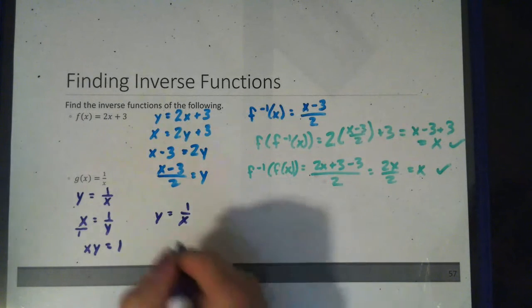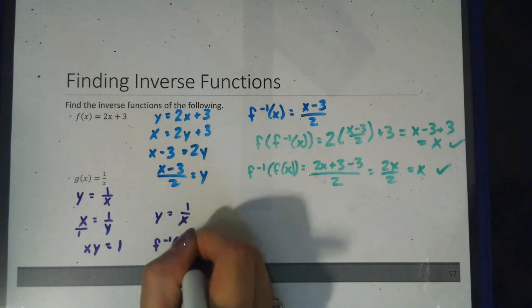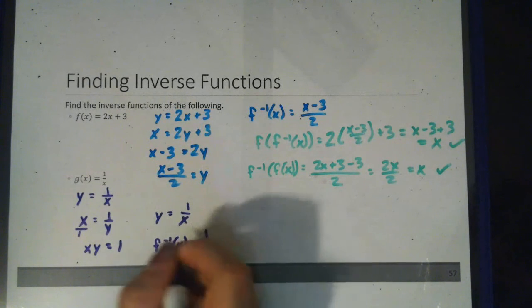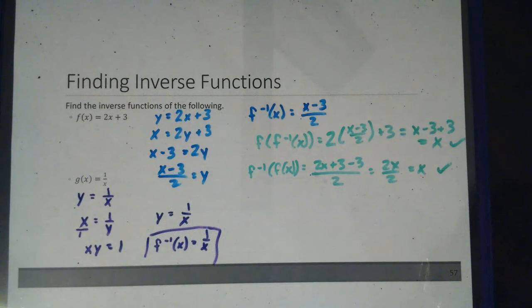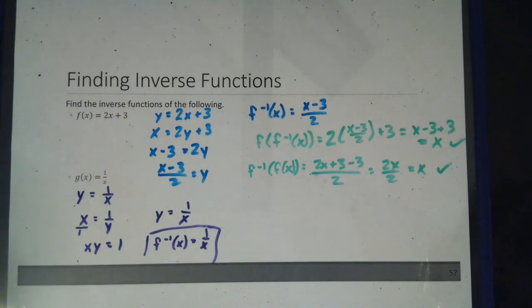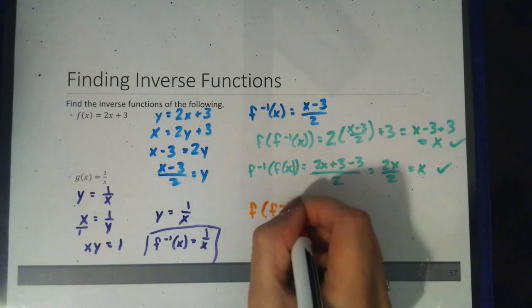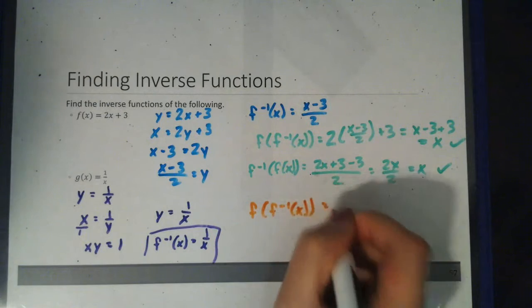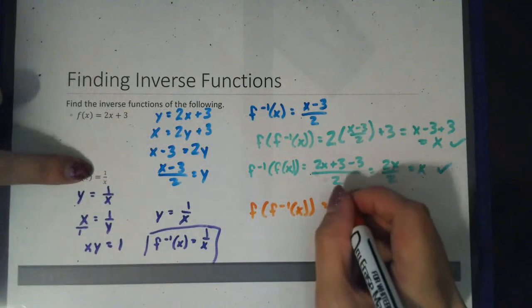Since I switched my x and y, I will use inverse notation. F inverse of x equals 1 over x. That is my inverse function. You will notice this is the same thing as the function I started with. That's weird. Let's check our work by using composite functions. F inverse of x is equal to, I'm going to plug in 1 over x where I see an x.